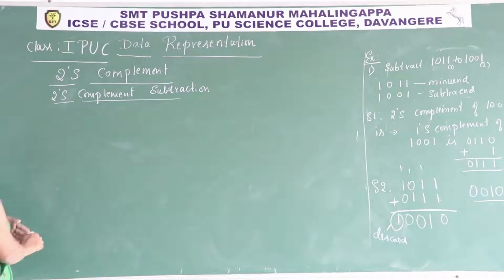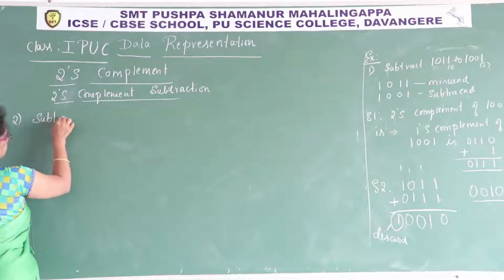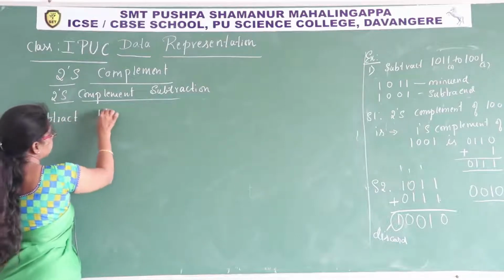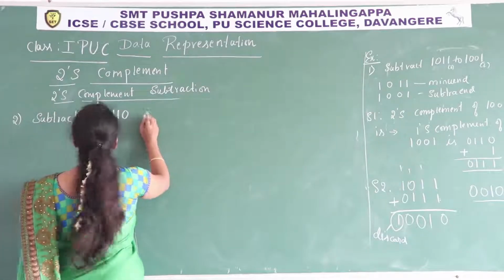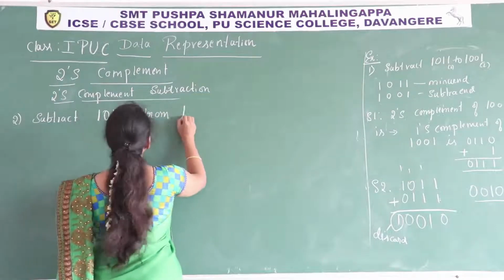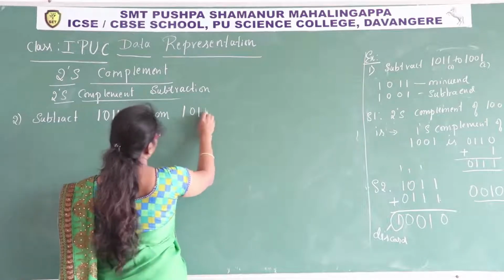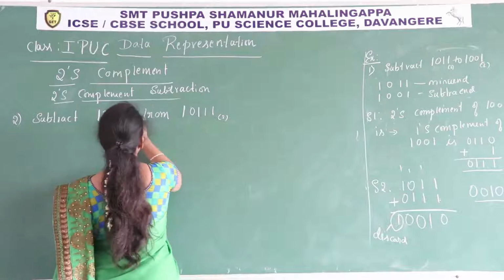Now, second example: subtract 10110 from 10111 base 2.